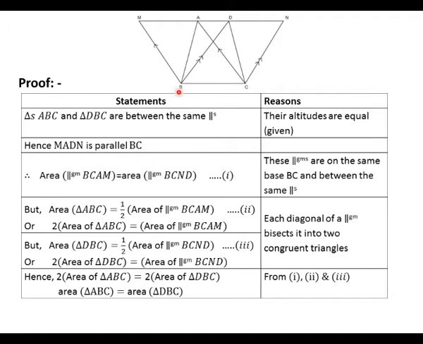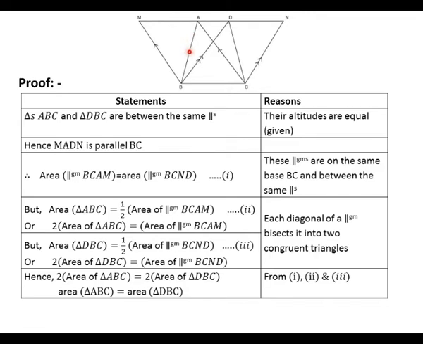So area of parallelogram BCAM will be equal to area of parallelogram BCND. This is equation 1. I gave the reason that by using the theorem, the parallelograms are on the same base BC and between the same parallels.